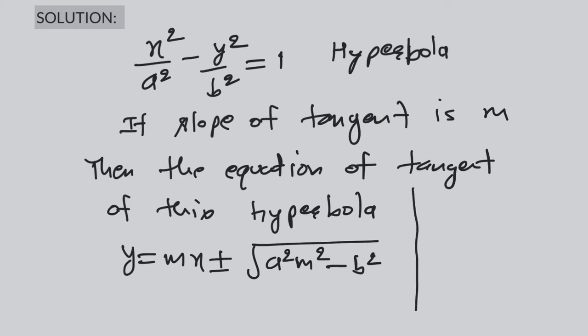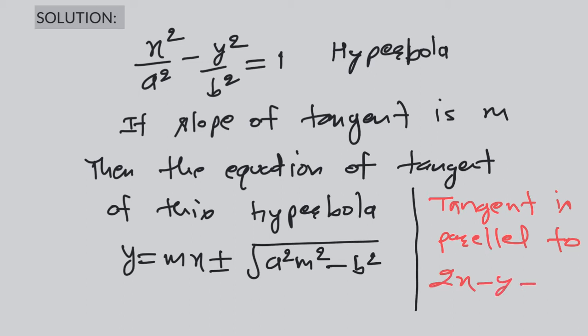Now you need to remember that the tangent is parallel to the given line 2x minus y equals 1.